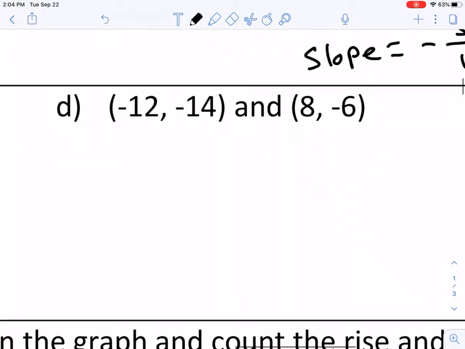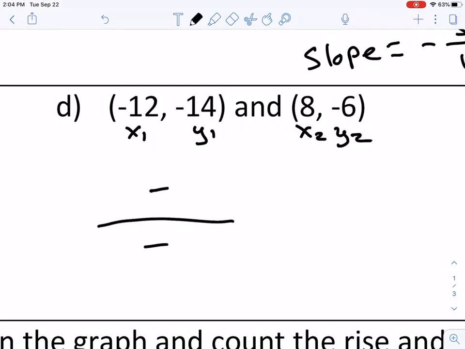All right, and then finally I have x1, y1, x2, y2, and this one I'll do my y1s first. So negative 14 minus, and notice, just in setting this up, here's what I'm doing.